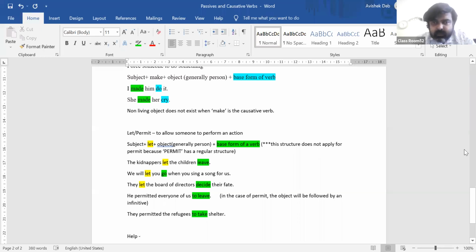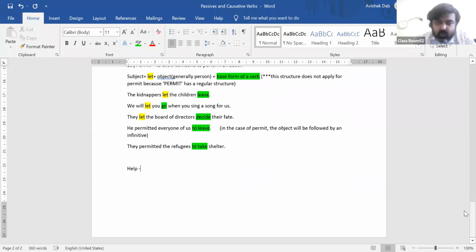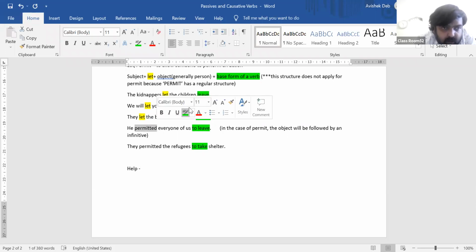Now, let me tell you, there are a handful of causative verbs, so you need not worry about how many causative verbs there are. Oh, I just forgot to highlight the causative verb.